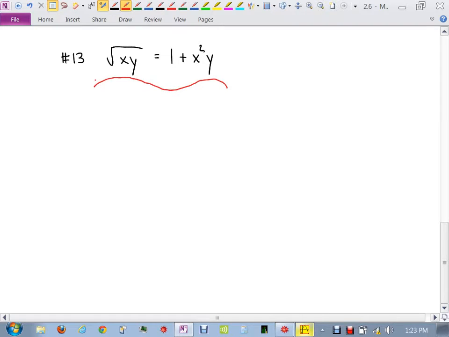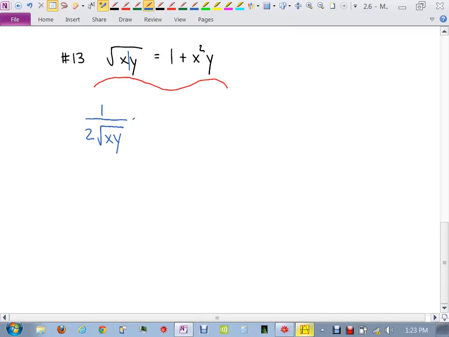On the left side, what rule am I going to have to use? Chain rule, because I have square root of junk, right? But in the junk, what do I have? Product rule right down there, isn't it? So what is the derivative of the square root of junk? 1 over 2 square root of junk. That's the derivative of the square root of junk.